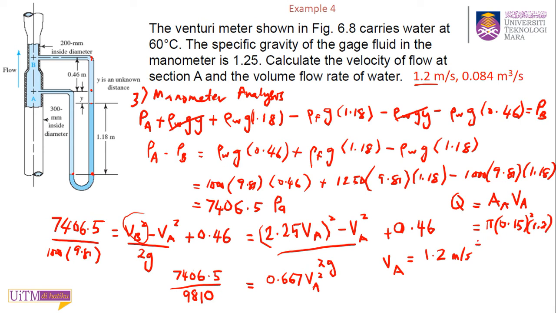So dapat tak jawapan dia? 0.084. Dapat dapat kan? Patutnya dapat lah. 0.135 squared times pi times 1.2. Itulah 0.084 dapat volume flow rate.